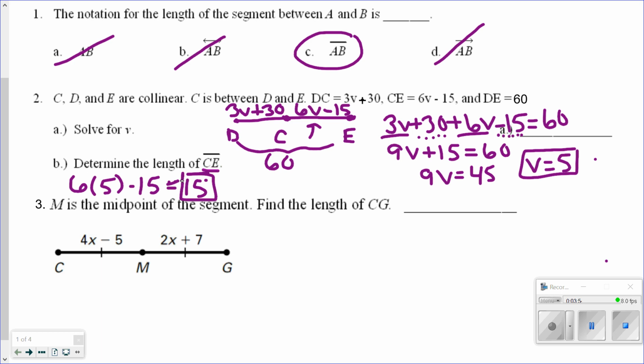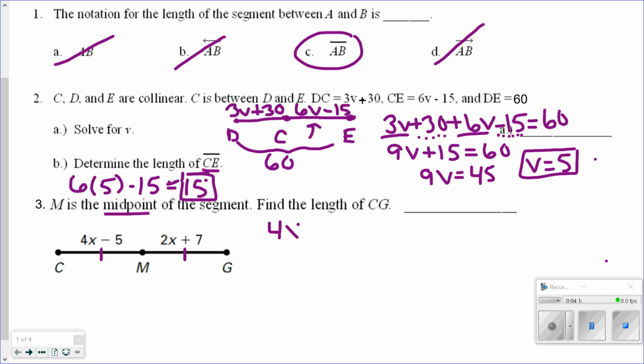Number 3, M is the midpoint of the segment. Find length CG. This problem is different because I know M is the midpoint. Midpoint means point in the middle. So if M is in the middle of CG, I then know that CM is the same length as MG. So what do I do here? I'm just going to set those two expressions equal to each other.